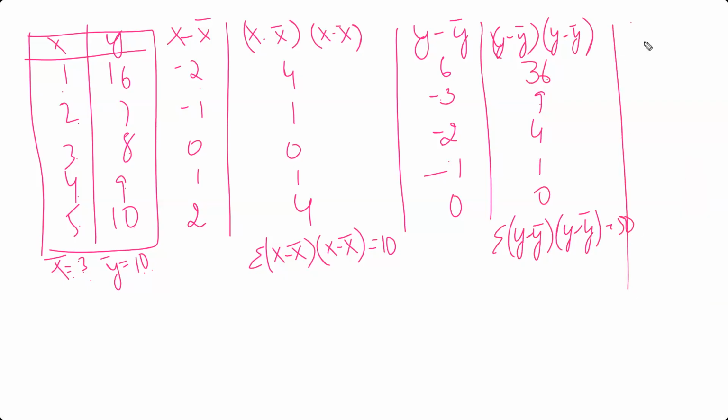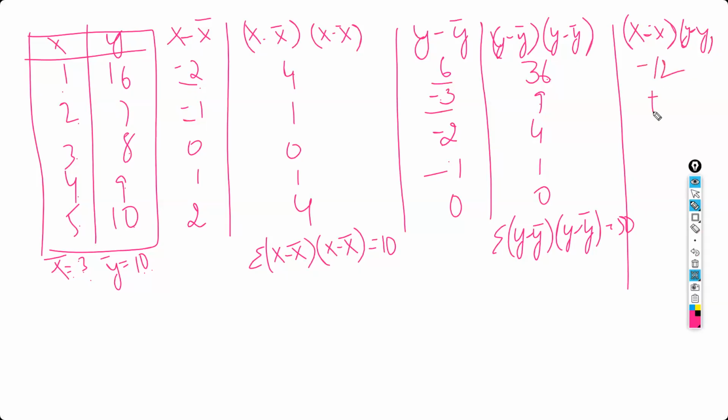Next, x minus x bar into y minus y bar. What is the value? That is minus 2 into 6, what is the value? Minus 12. Minus 1 into minus 3, plus 3. 0 into minus 2, 0. 1 into minus 1, minus 1.